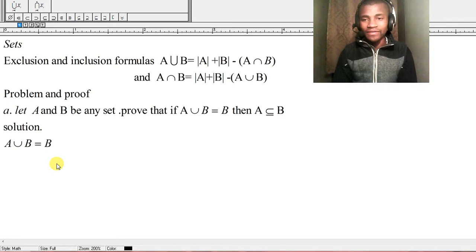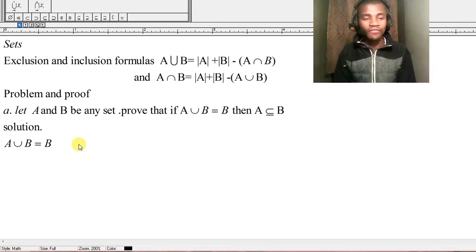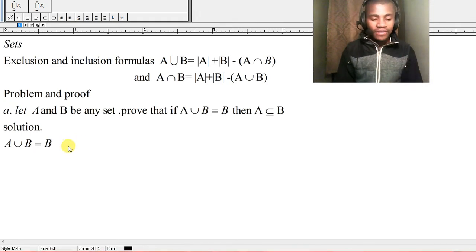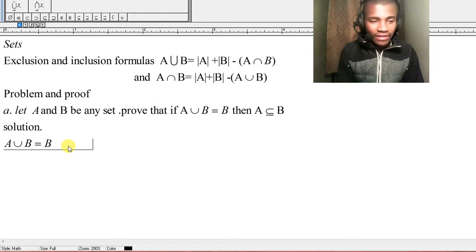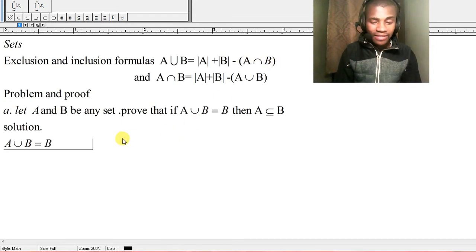We get you. So this is what they are trying to say, and we now have to prove that. Since we know that A union B can be written in the form of the modulus of A plus the modulus of B minus A intersection B, we should just write that and find out what we get.